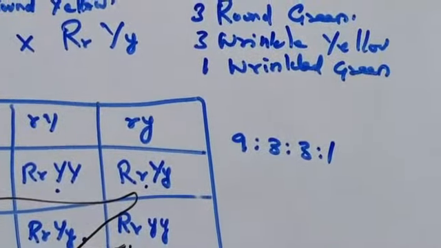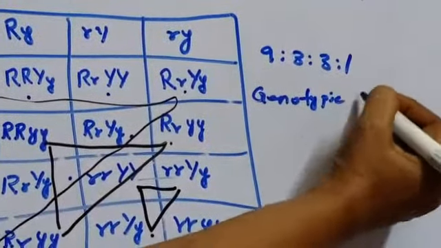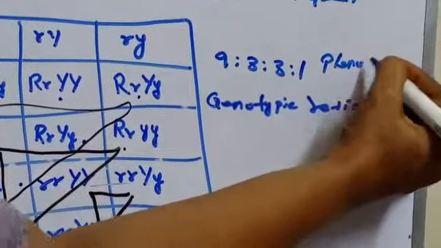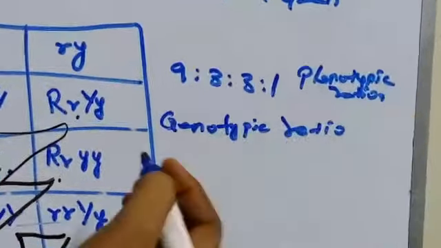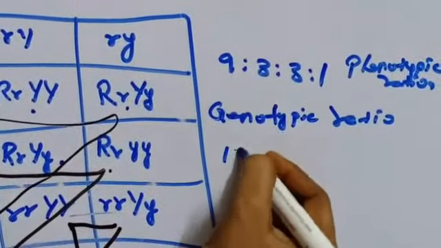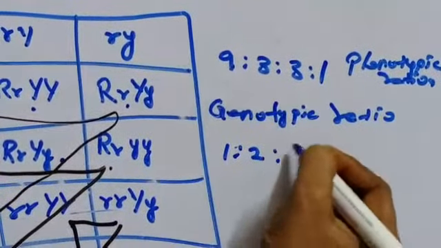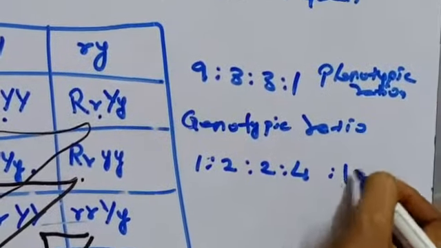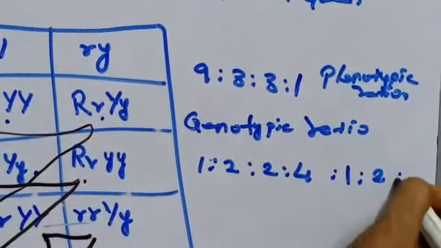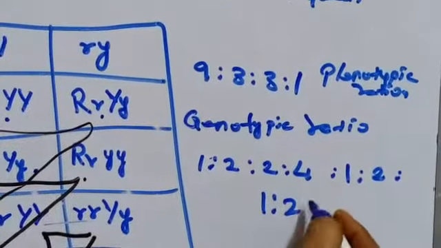9:3:3:1. And what is the genotypic ratio? This is phenotypic ratio, and the genotypic ratio is 1:2:2:4:1:2:1:2:1.